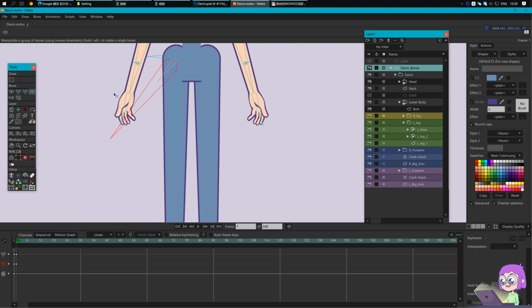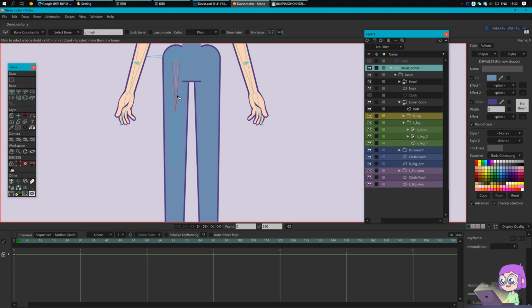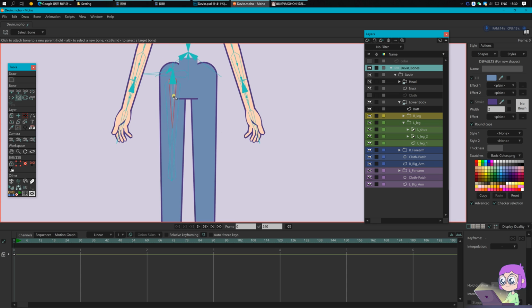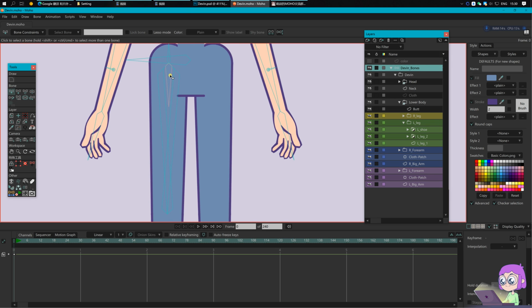Now you can see that the angle of the bone is the same as that of the thigh bone. The other bones must be connected to this bone. The next bone setting method is the same as the arm.